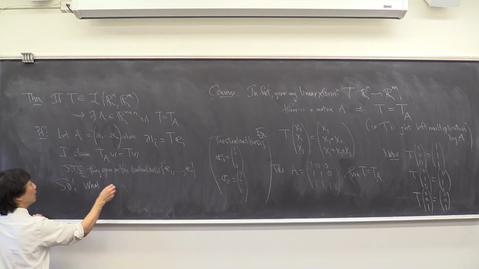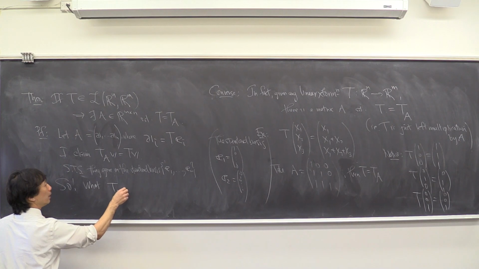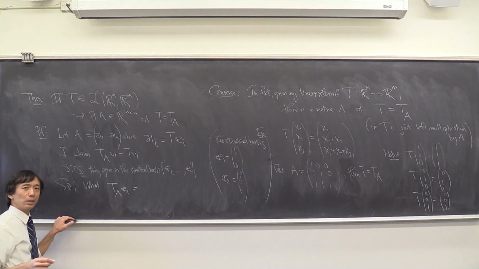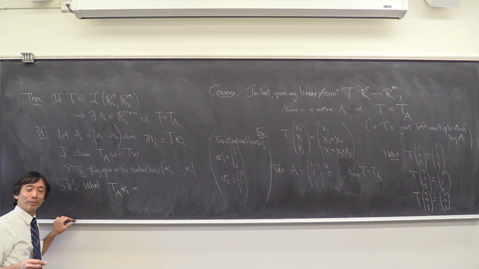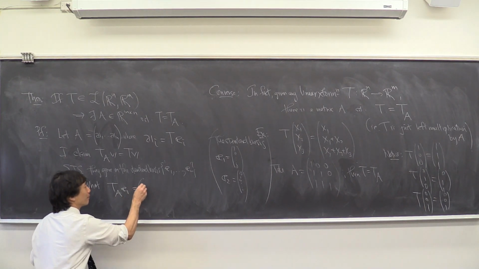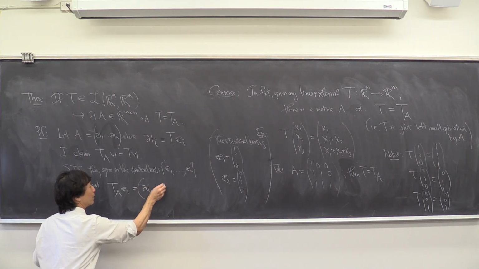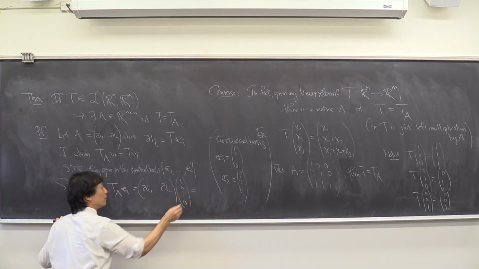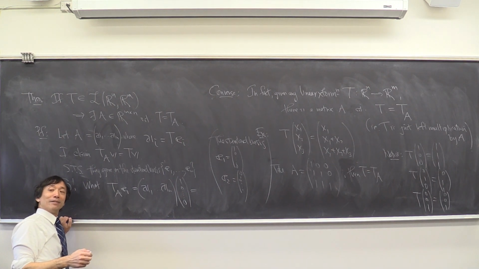What's T sub A of E1? What's T sub A of E1? E1 is multiplied by the A columns. So what is that? Just A1.